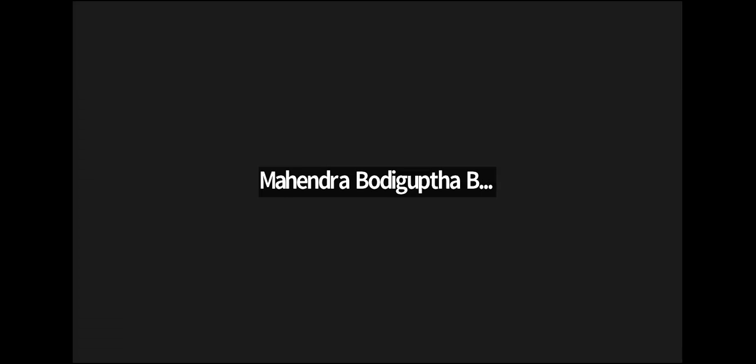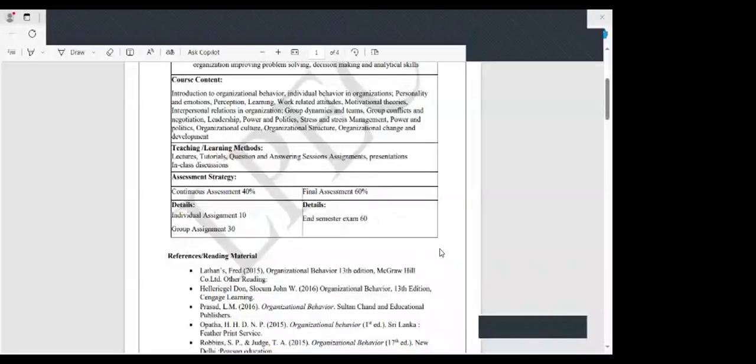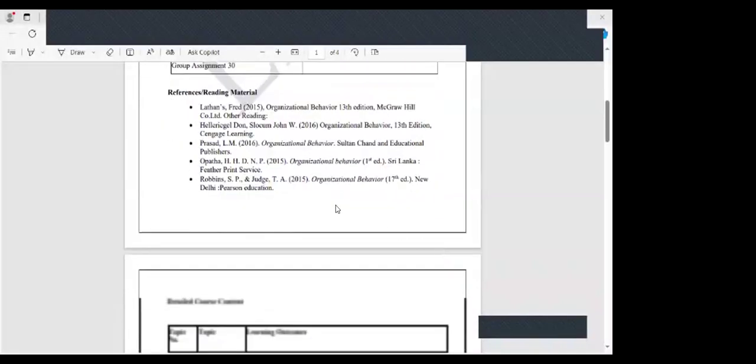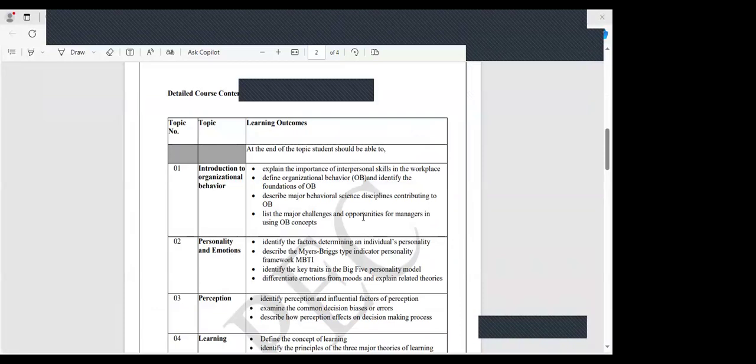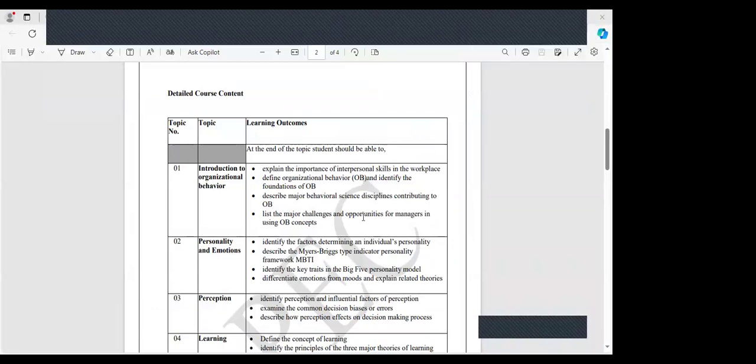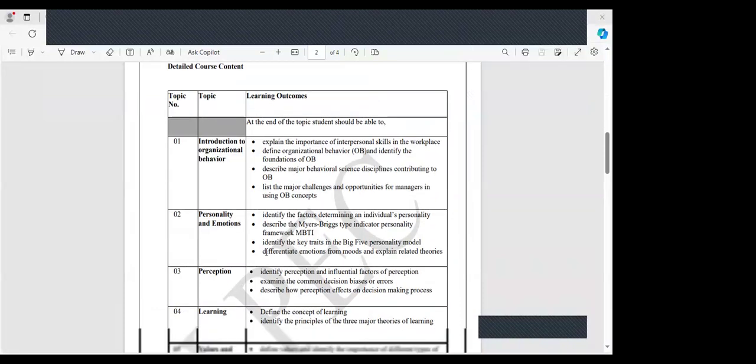Okay, first I show you, my dear student, then it's very easy to start the new one. Here, the point, my dear student: introduction, organizational behavior, and opportunity for managers in using OB concepts. You already finished this one.